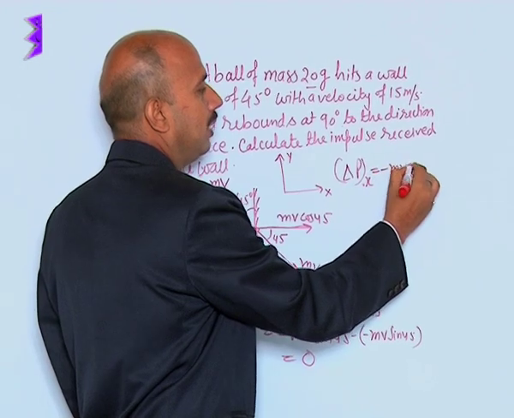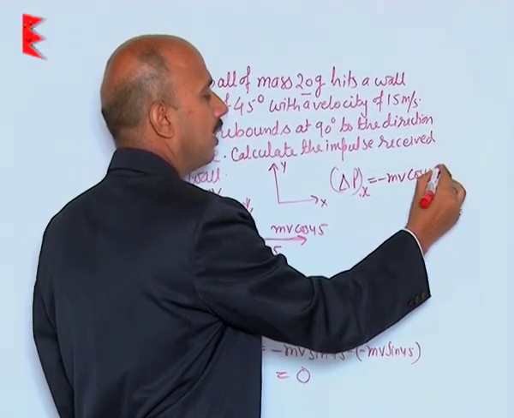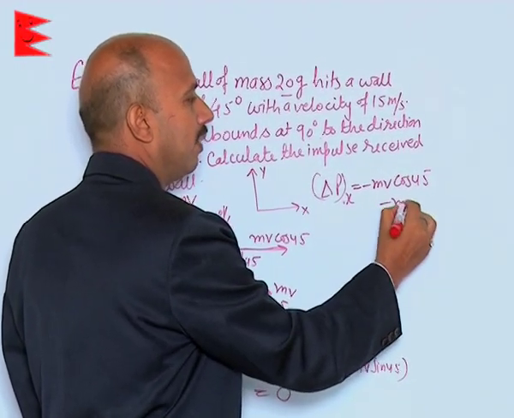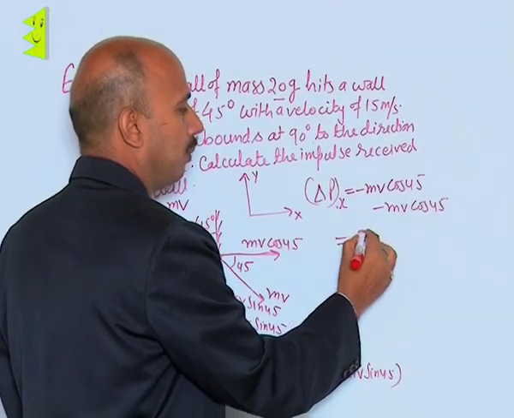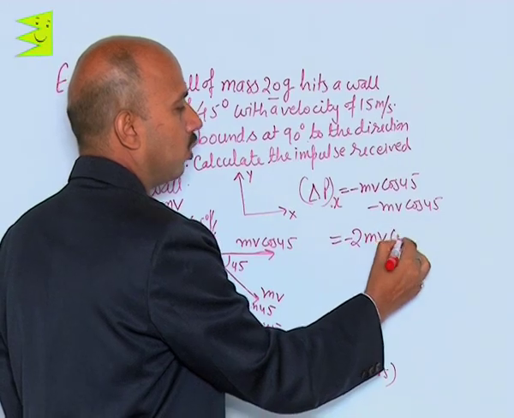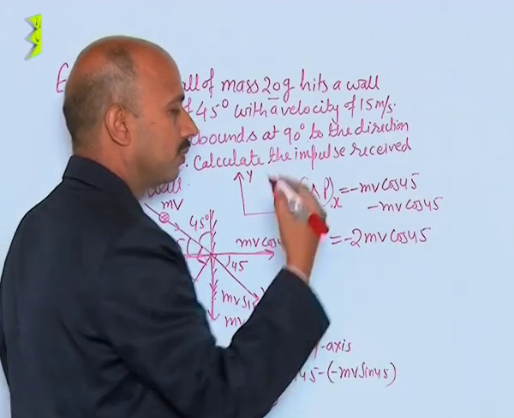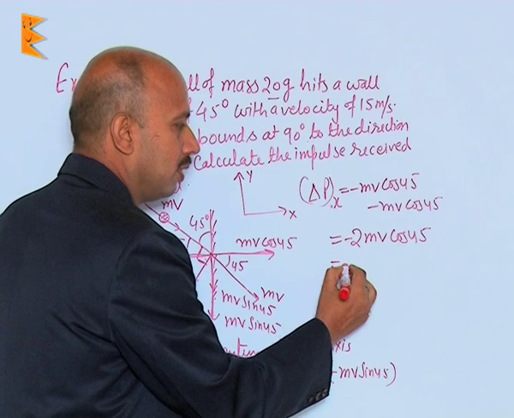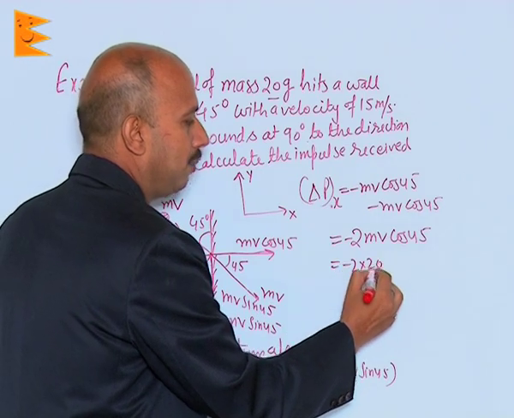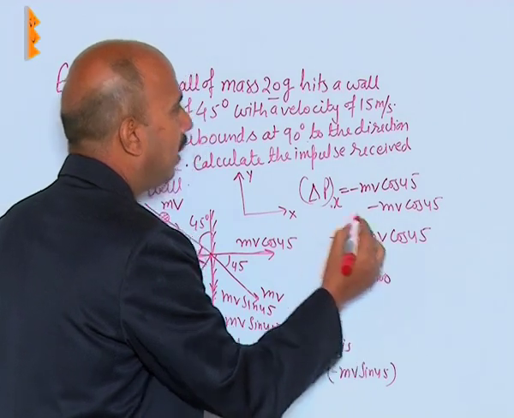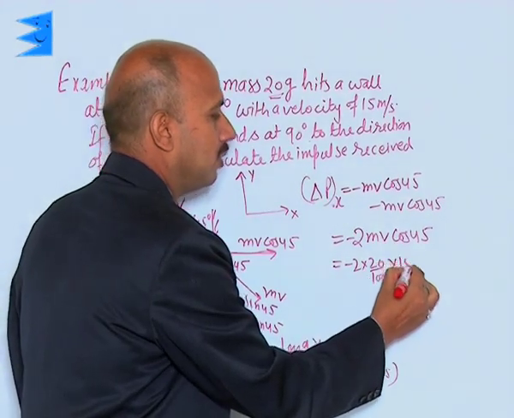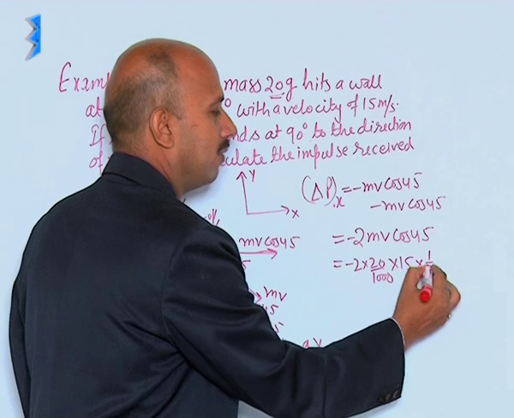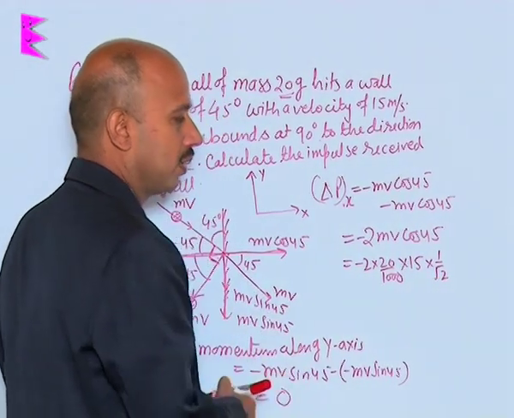So, that is minus mv cos 45 minus mv cos 45, that is equal to minus twice of mv cos 45. It means minus 2 into 20 by 1000, that is the mass, which is in grams, I have taken in kg. Velocity is 15, cos 45 is 1 upon root 2.